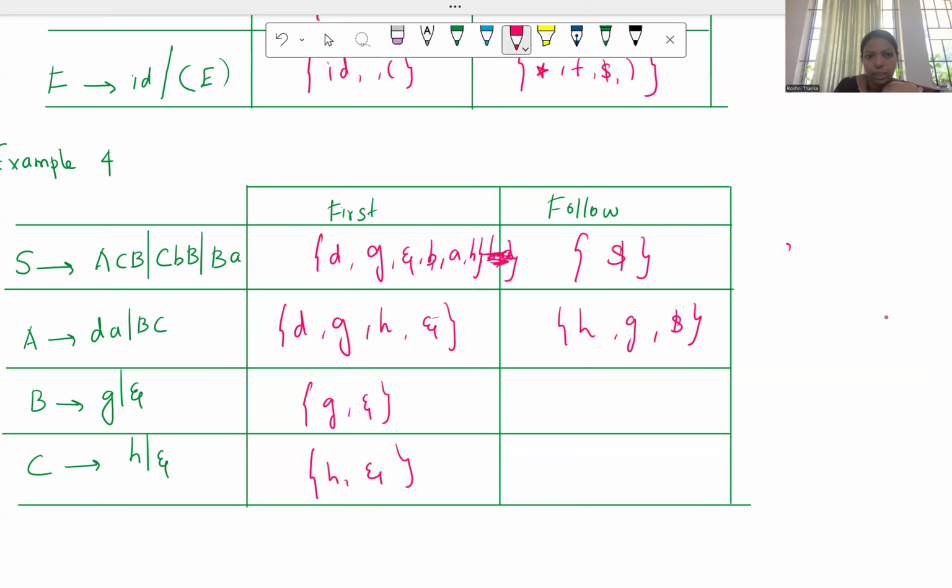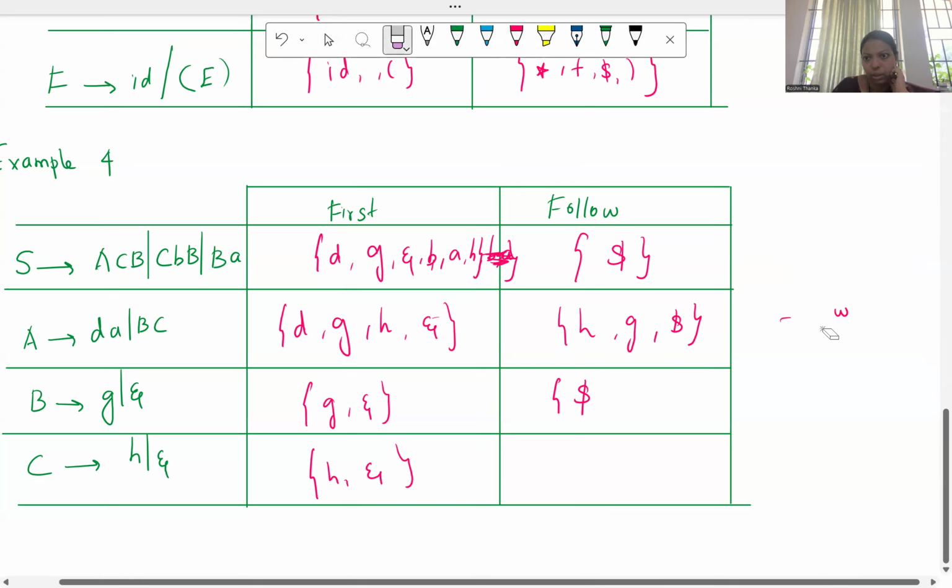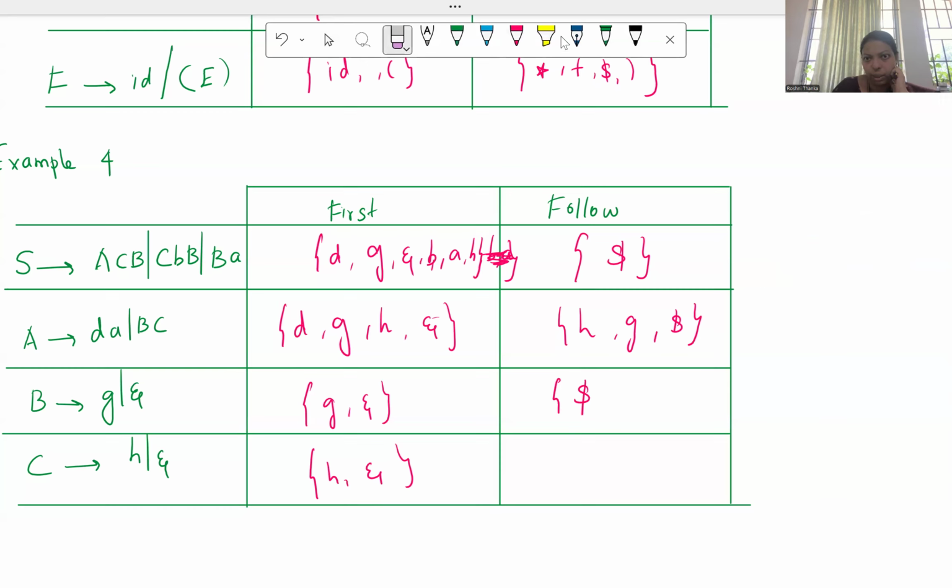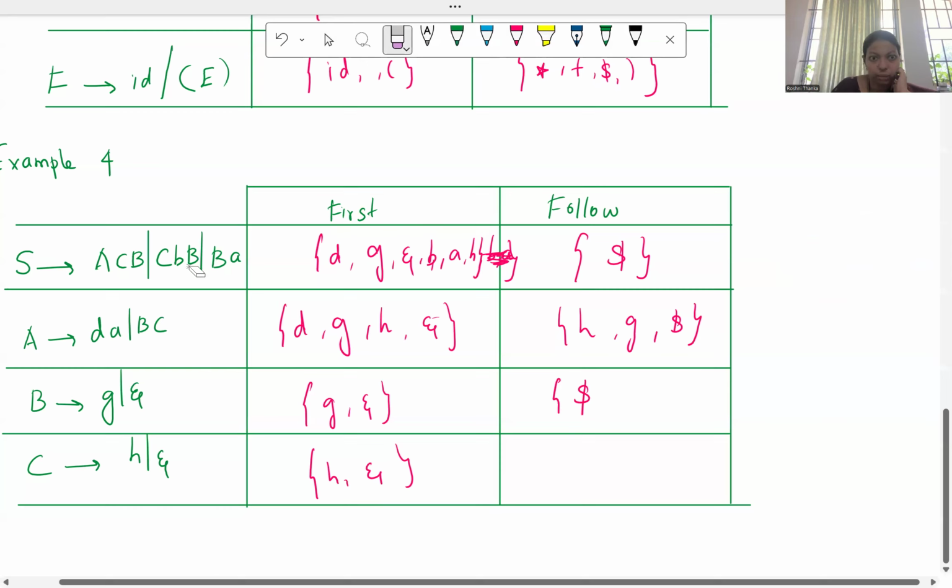One is S derives A, C, B. Here we have B followed by nothing, so we have to take the follow of S. Follow of S is dollar. So dollar will be coming. Now let us write the next production which has B in the right side. This one, we have three, right?